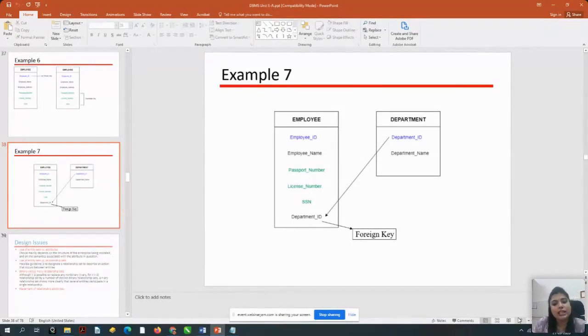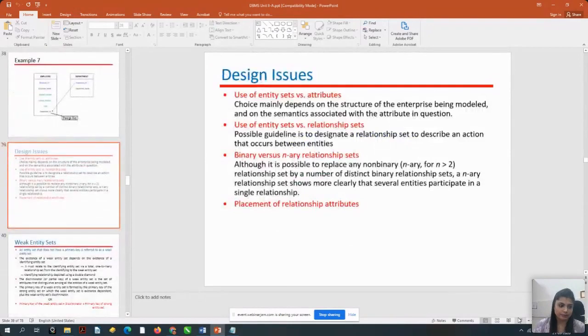So usually we keep separate tables according to the entities and their attributes, and we link them using the foreign key. So here I can choose the department ID as the foreign key, because when linking employee and department tables, the department ID is the foreign key. So department ID will act as the foreign key.